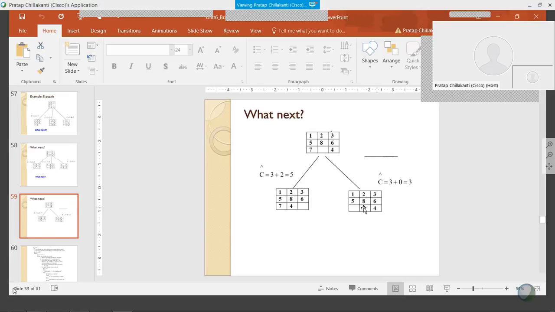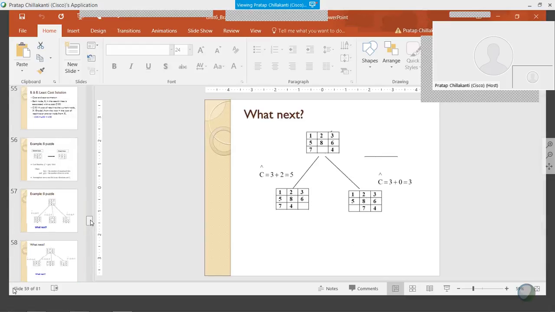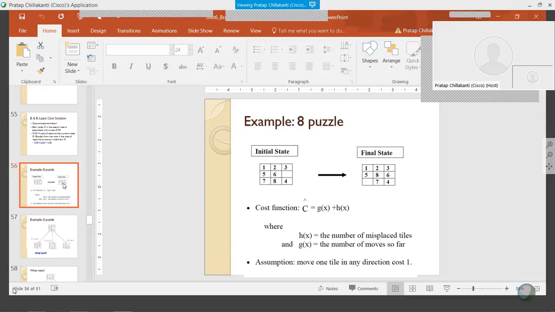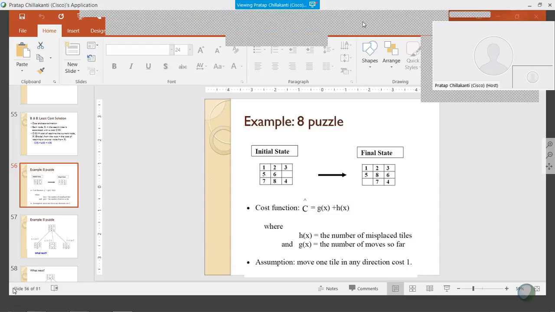Now, is the one on the right the solution that you are looking for? If you compare 1, 2, 3, 5, 8, 6, if you go back to the first slide here, that's exactly what you wanted. Did we reach the final state? We did. So you stop. Got it? Okay, questions?